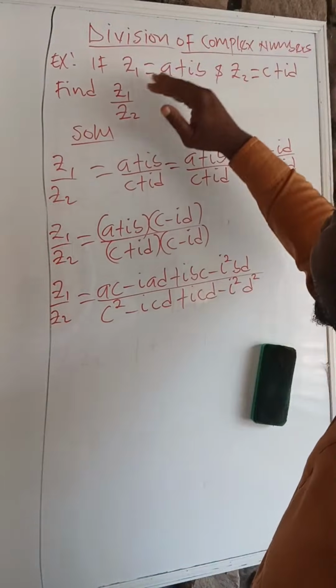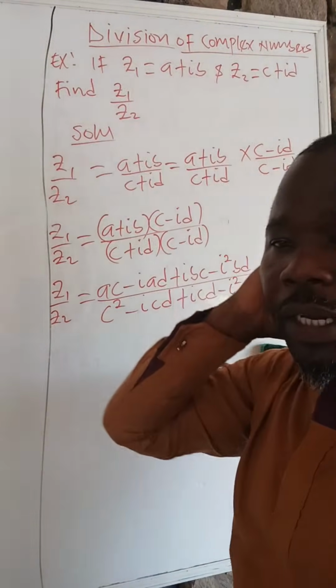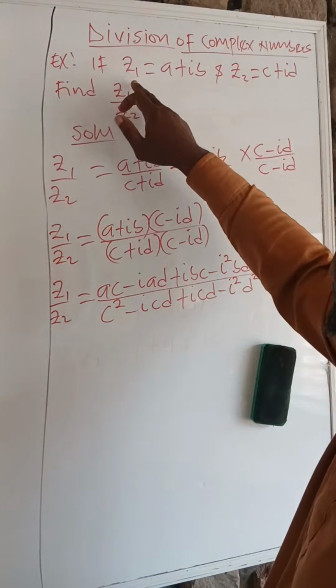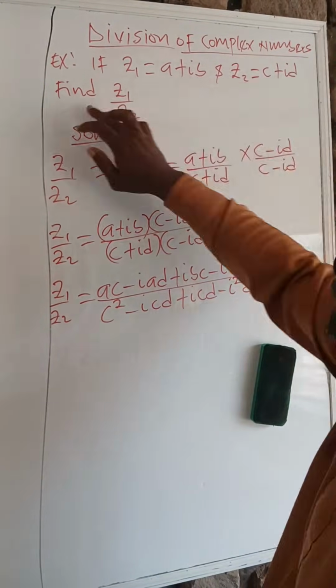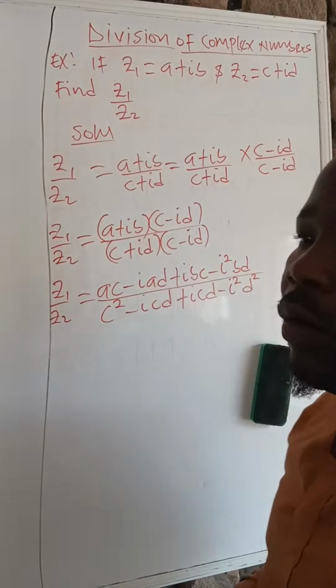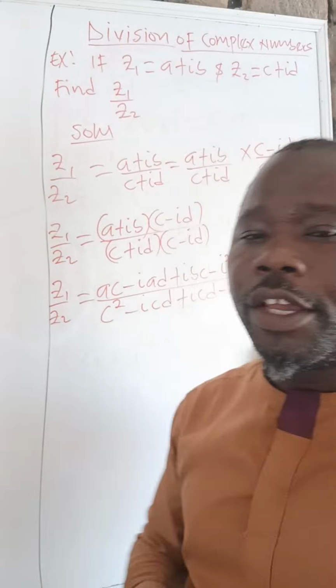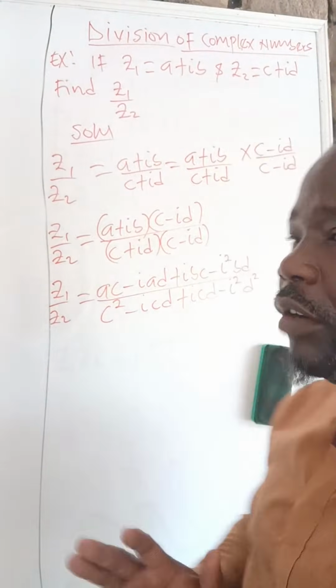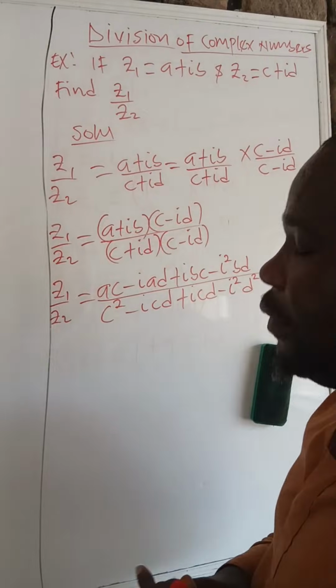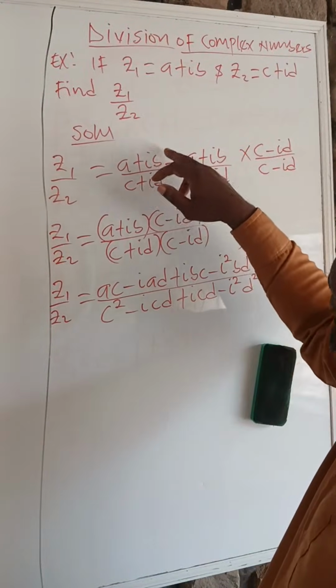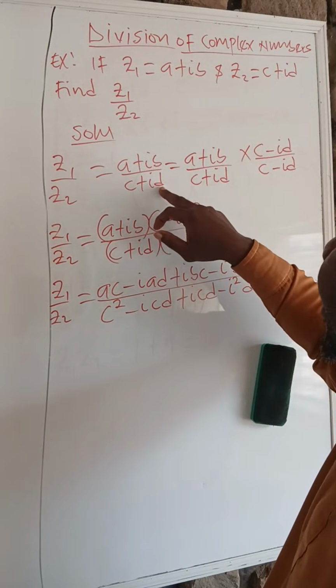So as I was saying, this is division of complex numbers, true or false. When you are asked to find Z1 over Z2, what will first come into your mind is you are going to conjugate the denominator of the complex number. Look at it, this is Z1, A plus IB all over C plus ID.